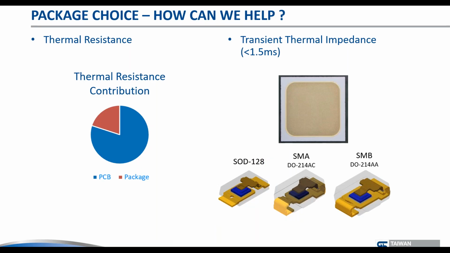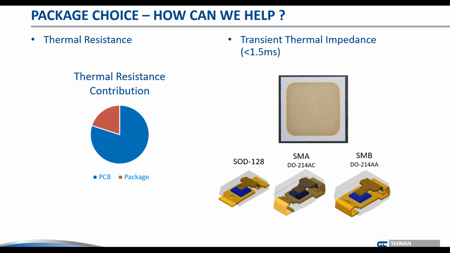Now here is your perspective, or here we have to ask the question: how can we help you? On the left-hand side is thermal resistance. I made a pie chart. It's completely random. I put 20% for the package. It depends a little bit. Some people use 5 by 5 millimeter solder pads.